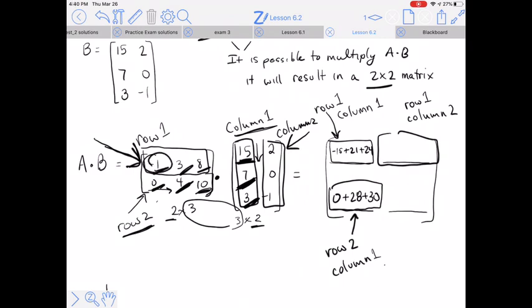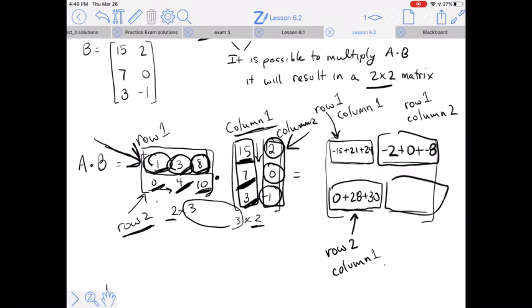So row 1, column 2, the first entry is -1 times 2, which is -2. I'm going to add that, and I move over here. The second entry of row 1 and the second entry of column 2 is 3 times 0, which is 0, so I add 0. And then the third entry of row 1 and the third entry of column 2 is 8 times -1, which is -8.